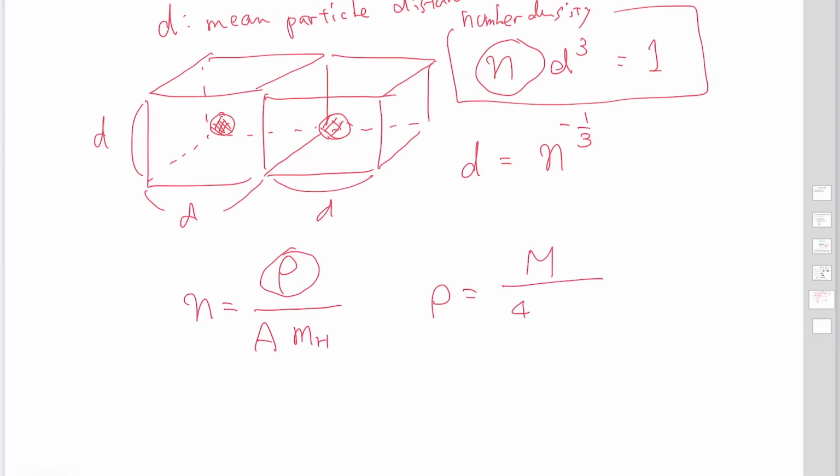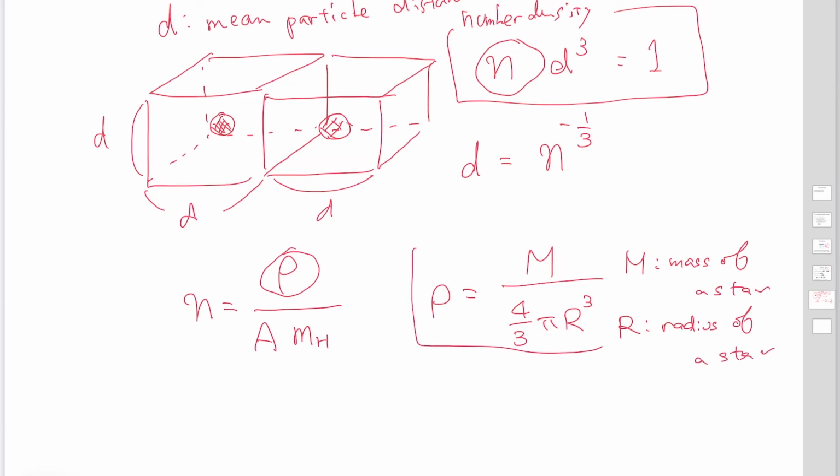The volume is 4 over 3 pi r cubed, where M is the mass of the star and r is the radius of the star. Then you can calculate the density, substitute here, and once you have N, you can find D.